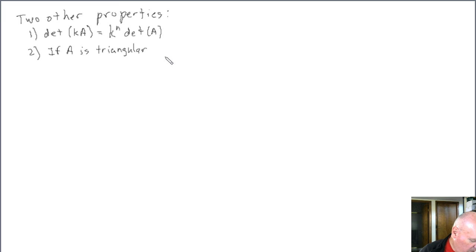In either case, if A is triangular, the determinant of A is really simple. It's just the product of the n elements along the diagonal, a_ii.